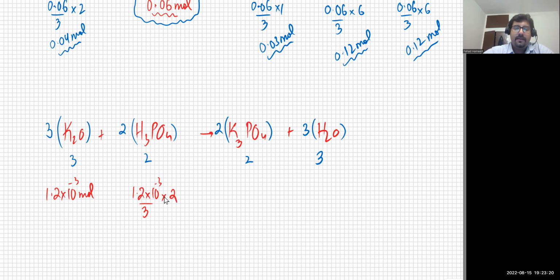If I want to find the moles of this thing, it's going to be 1.2 times 10 power minus 3 divided by 3 into 2, which is the same thing. So divide by 3 times 2. If I want to find the moles of this thing, it's going to be 1.2 times 10 power minus 3 divided by 3 into 3, so the 3's are going to get cancelled out.